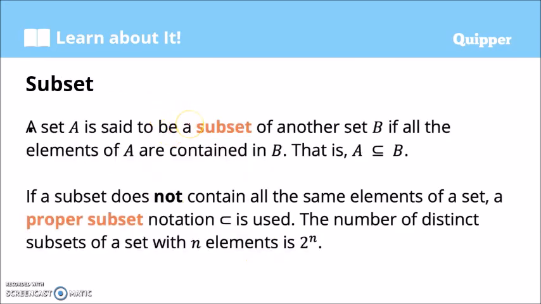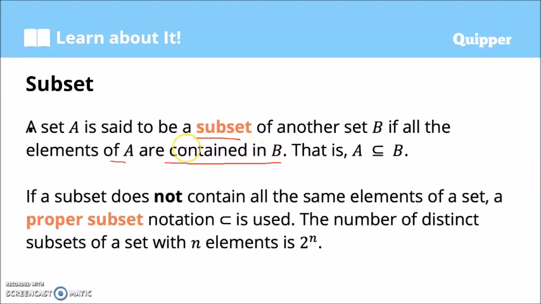Now, let's talk about a subset. A set A is said to be a subset of another set B if all the elements of A are contained in B. So, we're talking about two sets.